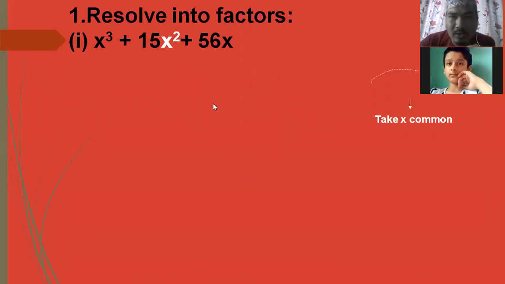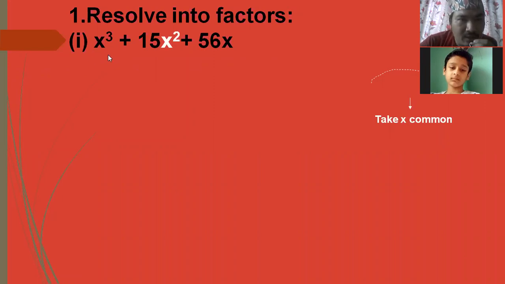In this question, I want to ask you, what is the product of a and c here? Before that, I have told you, if there is a common factor, we have to take it out first.